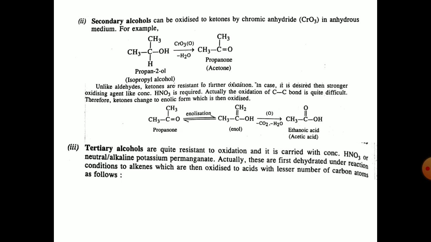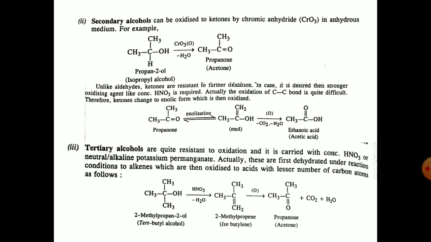Tertiary alcohols are quite resistant to oxidation, and oxidation is carried out with concentrated nitric acid or neutral alkaline potassium permanganate. Actually, these are first dehydrated under reaction conditions to alkene, which are then oxidized to acids or ketones with a lesser number of carbon atoms as follows. You see, here we have taken tertiary butyl alcohol, whose IUPAC name is 2-methyl propan-2-ol.